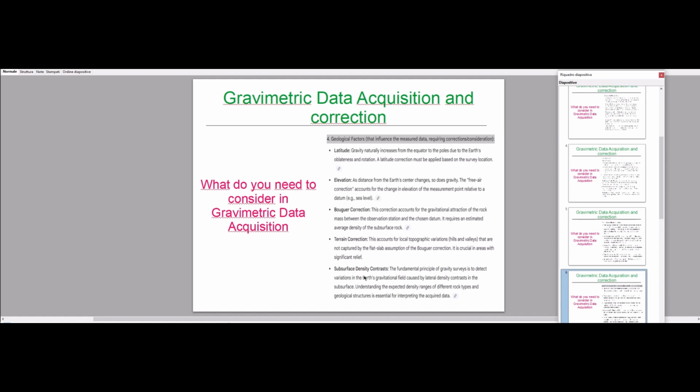The subsurface density constant: if you have, for example, a really constant density, the fundamental principle of a gravity survey is to detect variation in the Earth's gravitational field caused by lateral density contrast in the subsurface. Understanding the expected density range of rock and also geological structure is essential for interpreting the acquired data.